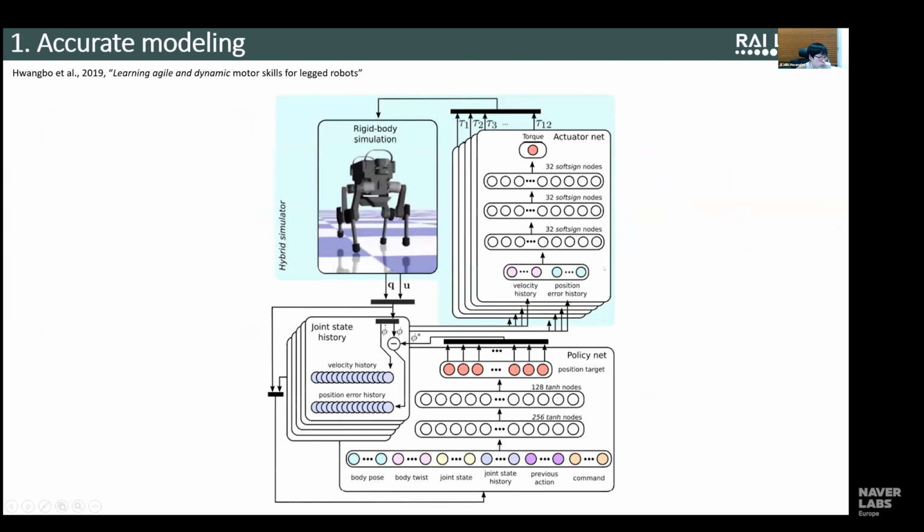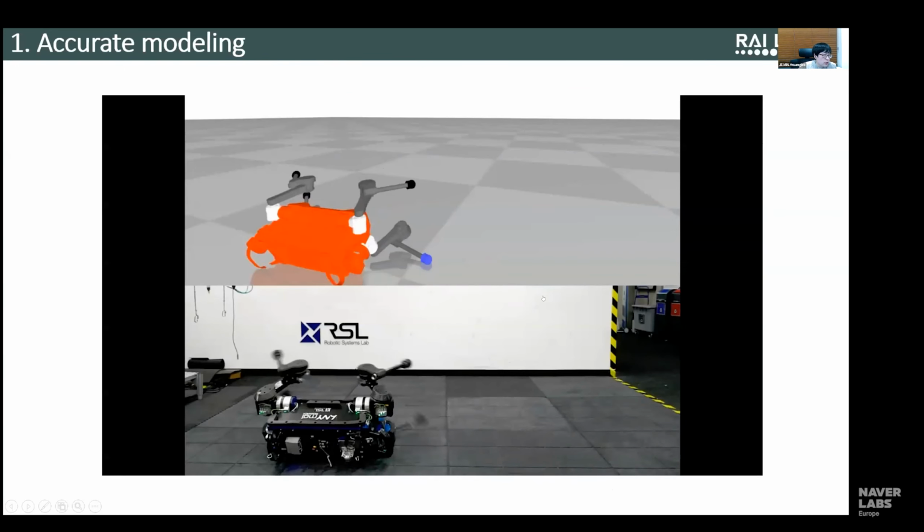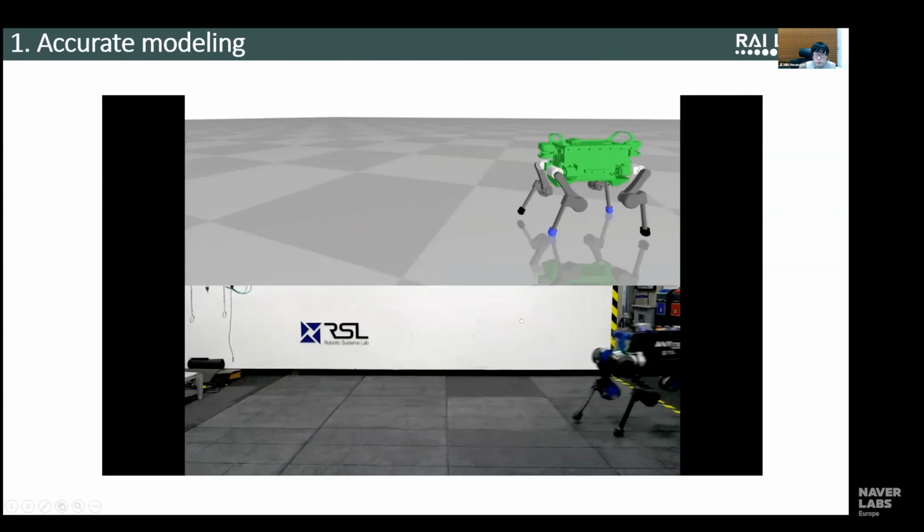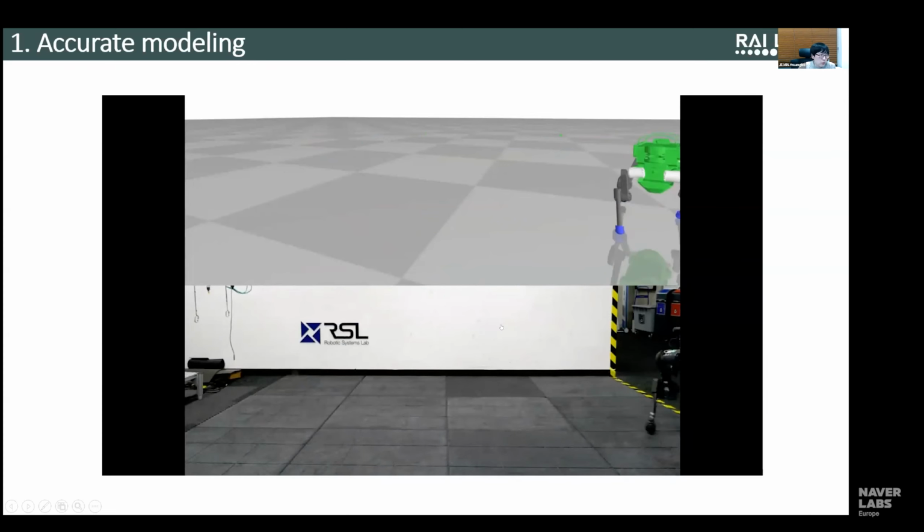Then, as we saw, we put this in a simulation loop. We combine this with a traditional physics engine and form a hybrid simulator, because there is a traditional approach of modeling Newtonian mechanics, and there is an actuator part, which is modeled using a neural network. Using this system, we could achieve much better results in predicting the dynamics.